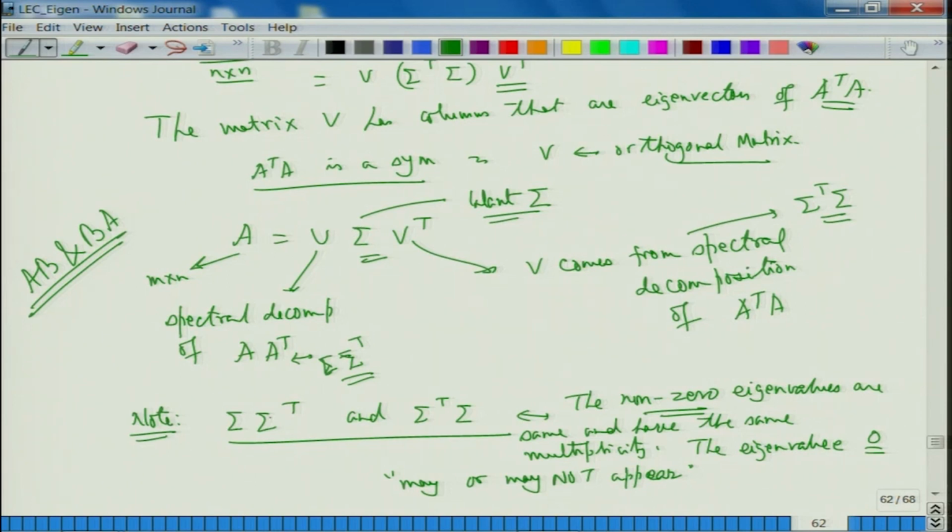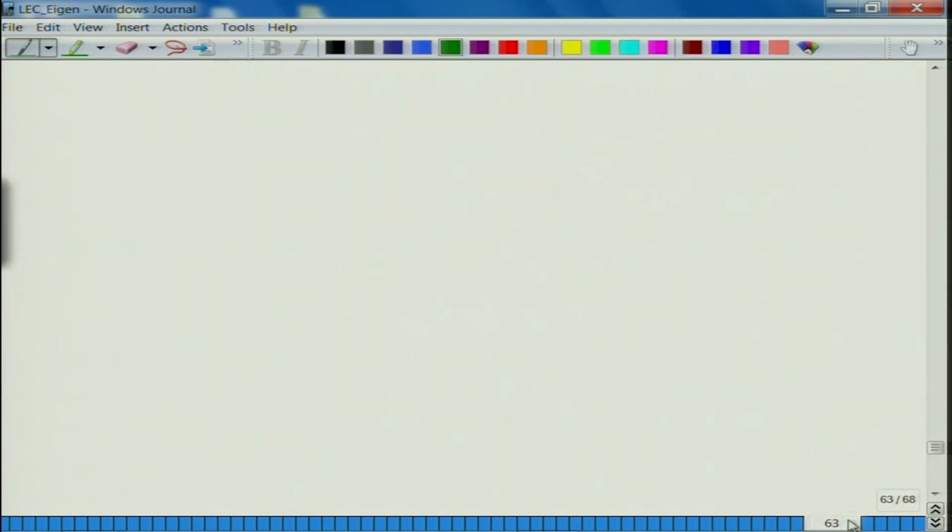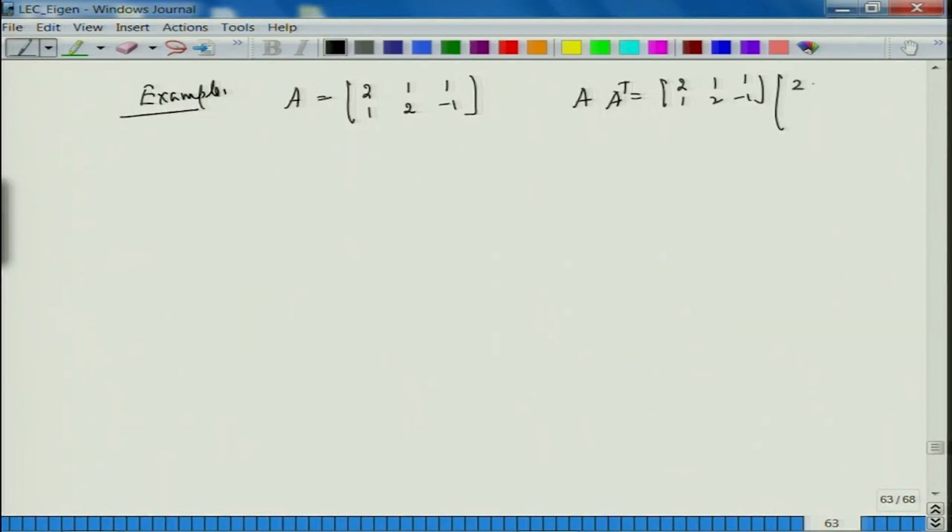Let me compute this with an example. Fine. So, I will take only one example. Let me define A as something easy, which is 2 1 1, 2 1 minus 1. Let us compute A times A transpose. So, A times A transpose is 2 1 1, 2 1 minus 1 times 2 1 1, 2 1 minus 1.